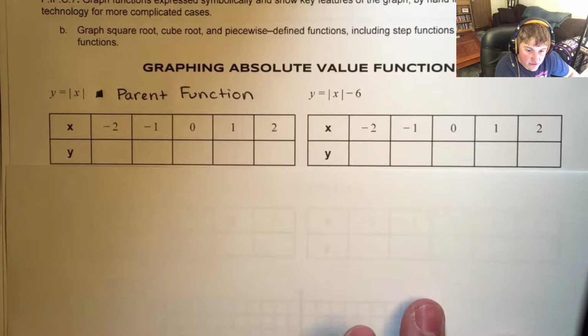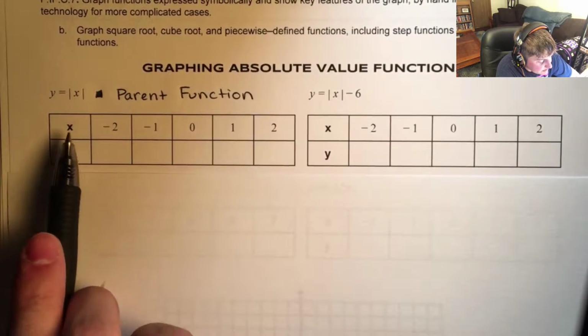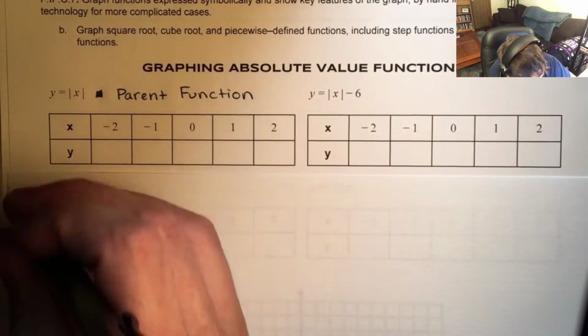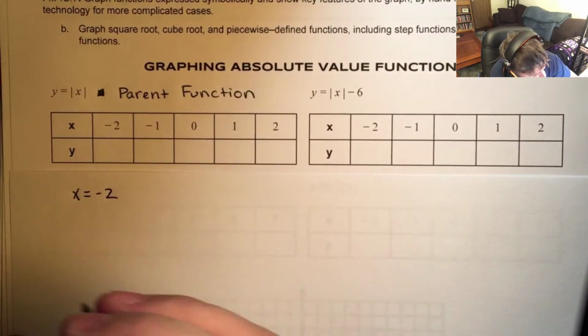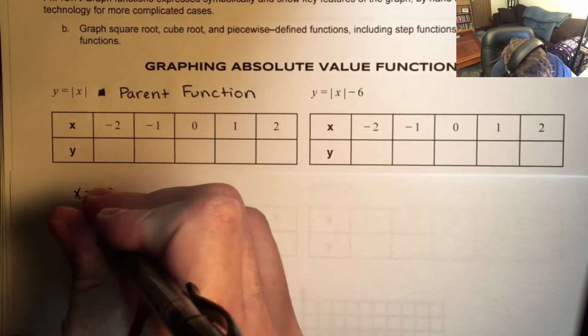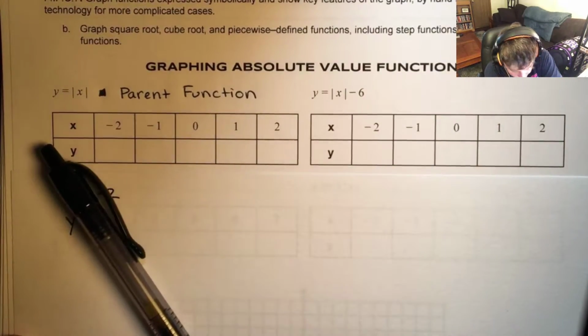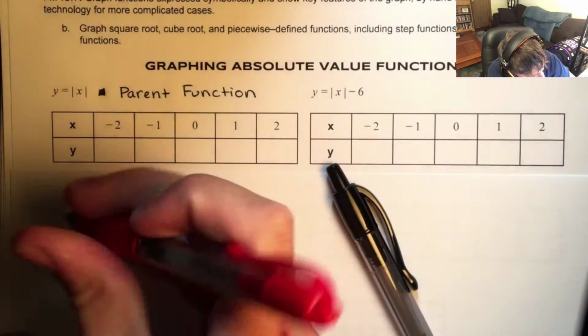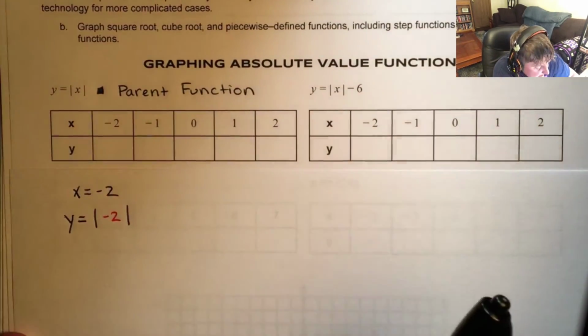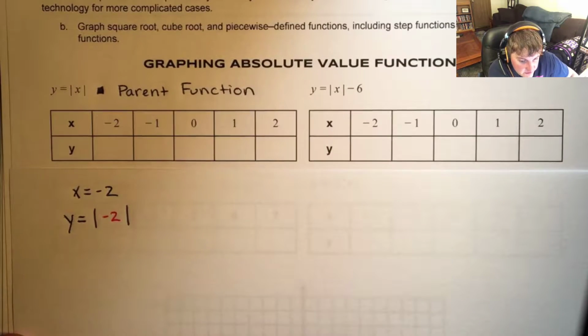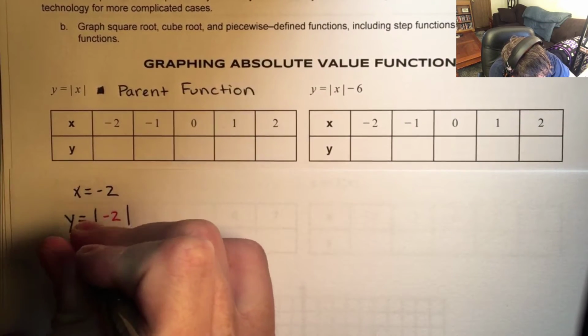Okay, so for this first one, I want to figure out what the y value is when the x value is -2. So to start, my x value is -2, which means y is equal to the absolute value of -2. What is the absolute value of -2? Well, that is 2.